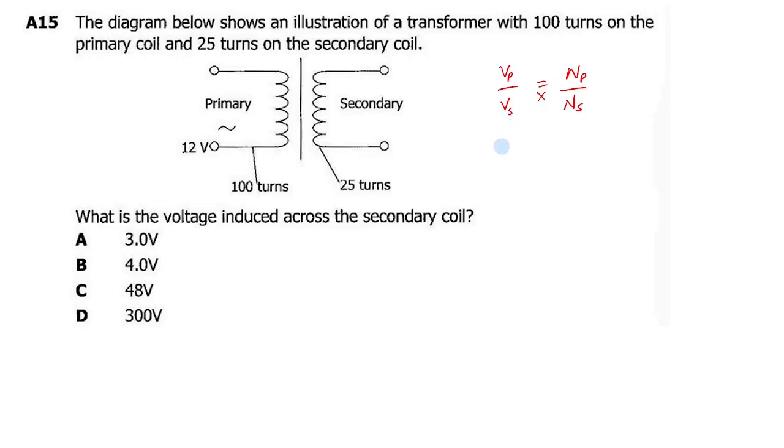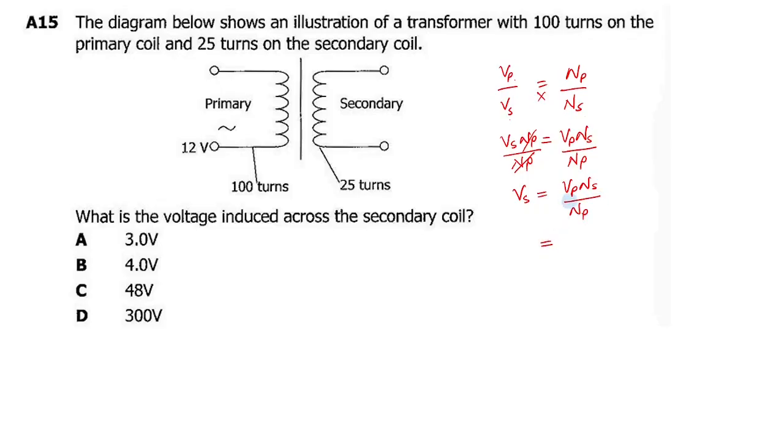Vs over Np equals Vp times Ns over Np, then you divide by Np so that Vs equals Vp times Ns divided by Np.